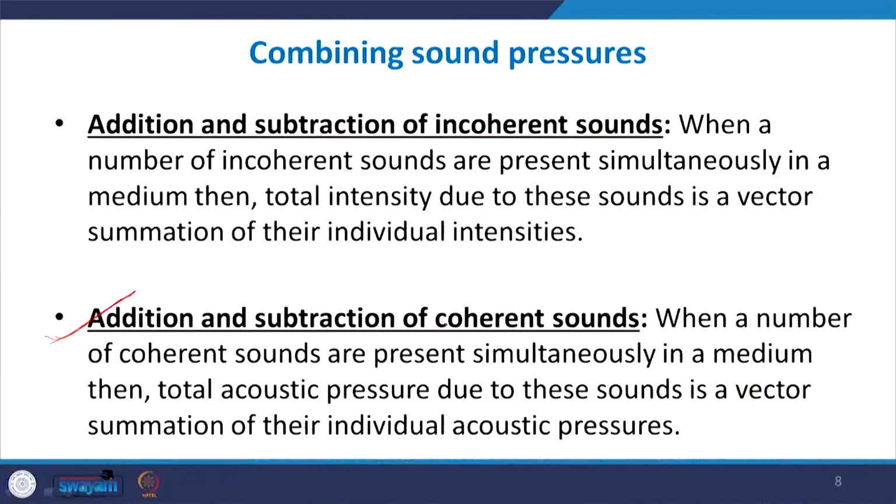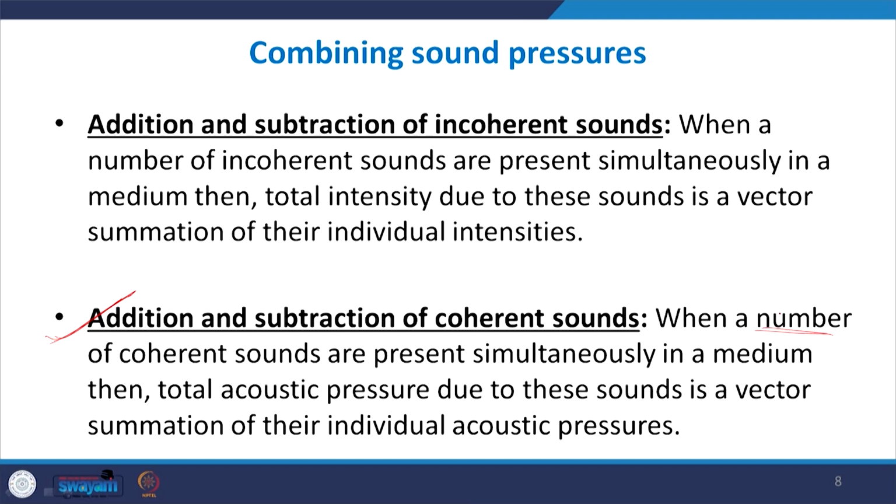When we had two waves traveling in opposite directions, the equivalent wave became a sum of the acoustic pressures of the two waves. In that case, both the waves had the same frequency component, the same omega and k. So they were coherent in nature. That kind of addition and subtraction is only applicable to coherent sounds.